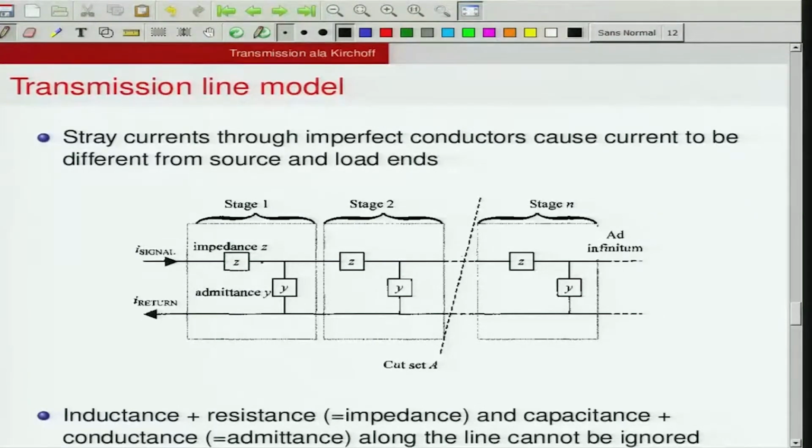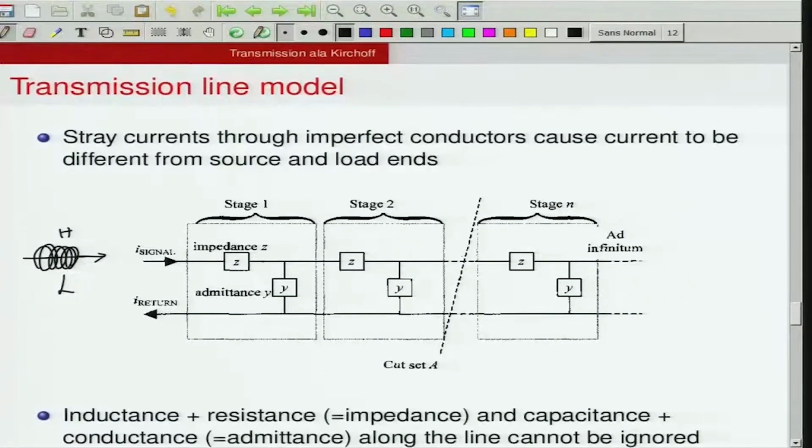Similarly, on the upper surface and just one conductor, when there is some current I flowing, there will be some magnetic field around it, right? So whenever there is a current flowing and there is a magnetic field, we have seen that there will be an equivalent inductance. So there will be an equivalent inductance L, and that inductance needs to be considered. A second thing is that these conductors may not be perfect, right?